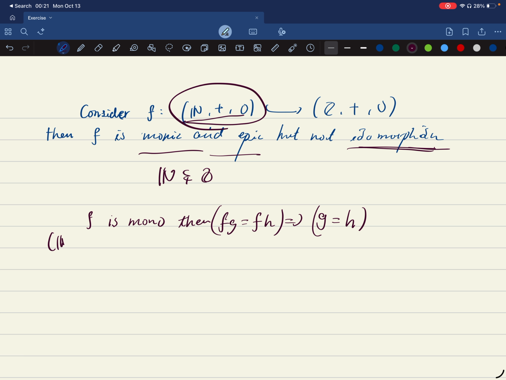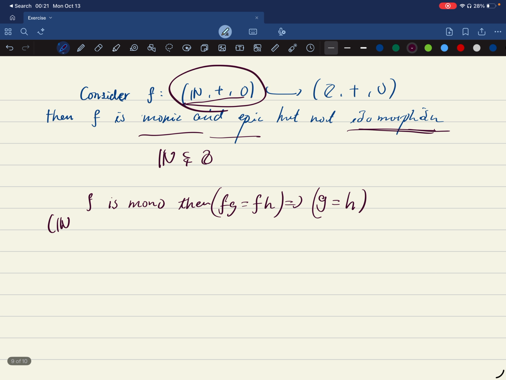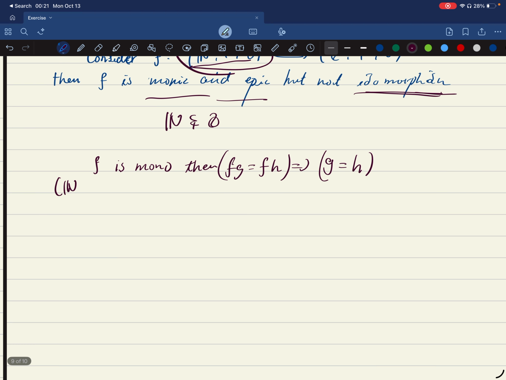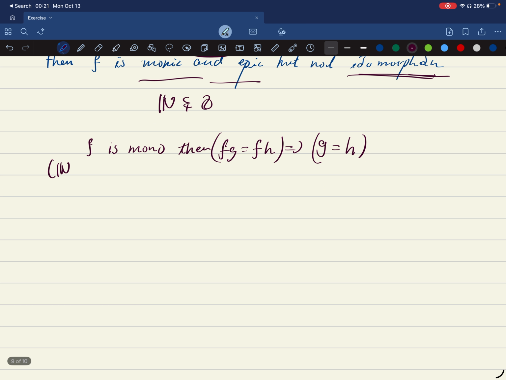Because N, well, I know there should be a way using a set theoretic method, but I don't think it's going to be as easy as this, or maybe I'm just overcomplicating. But I think this is a very clean idea in terms of showing this using the freeness.